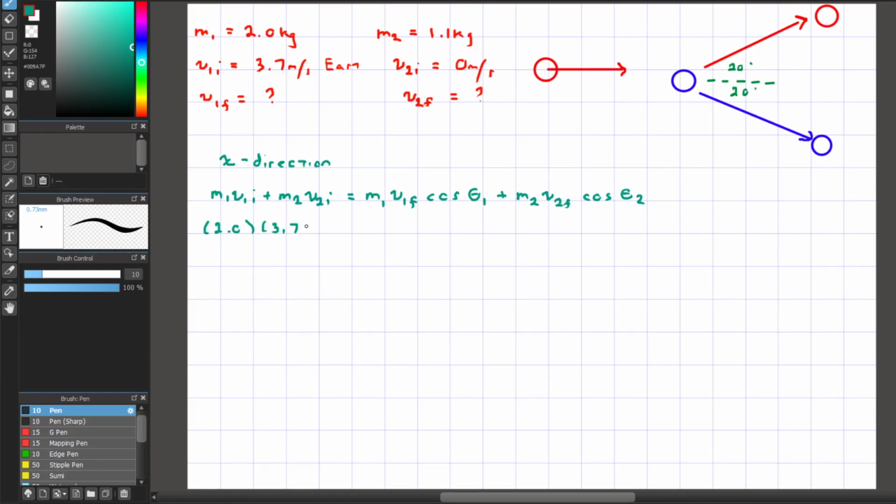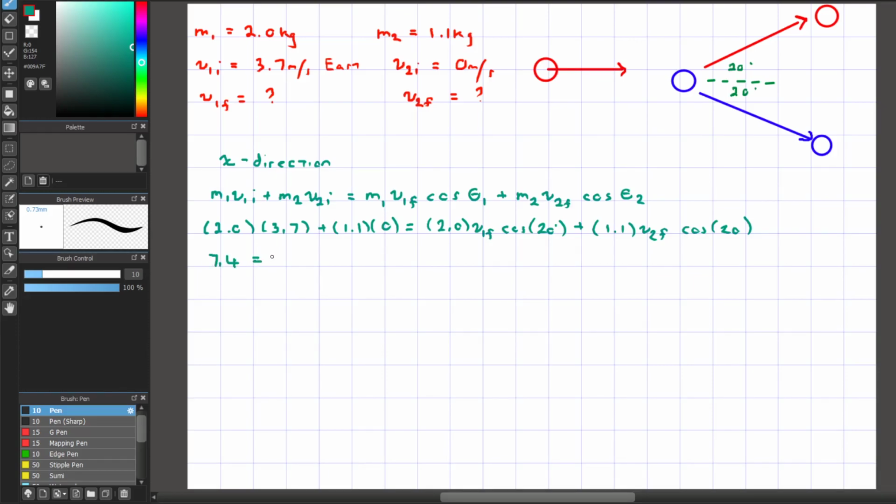We have 2.0 times 3.7 plus 1.1 times 0 equals 2.0 times V1F cosine 20 degrees plus 1.1 V2F cosine 20 degrees. We can simplify the values.